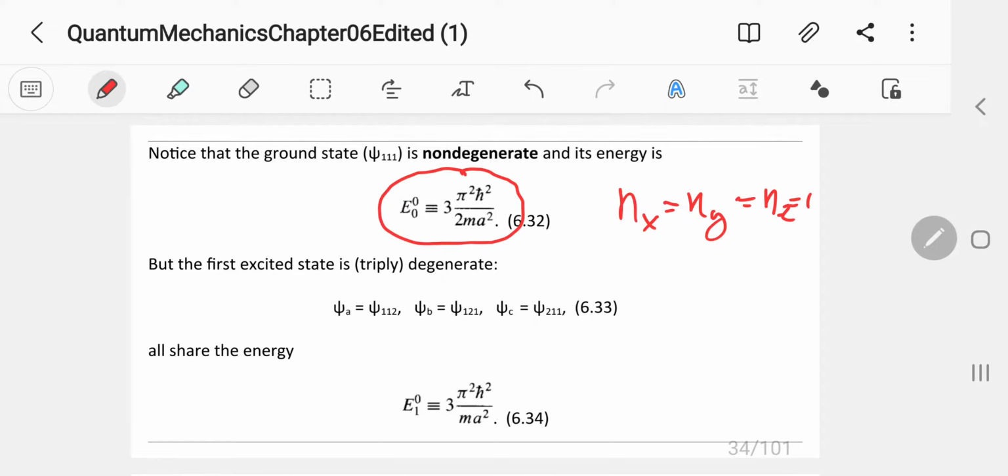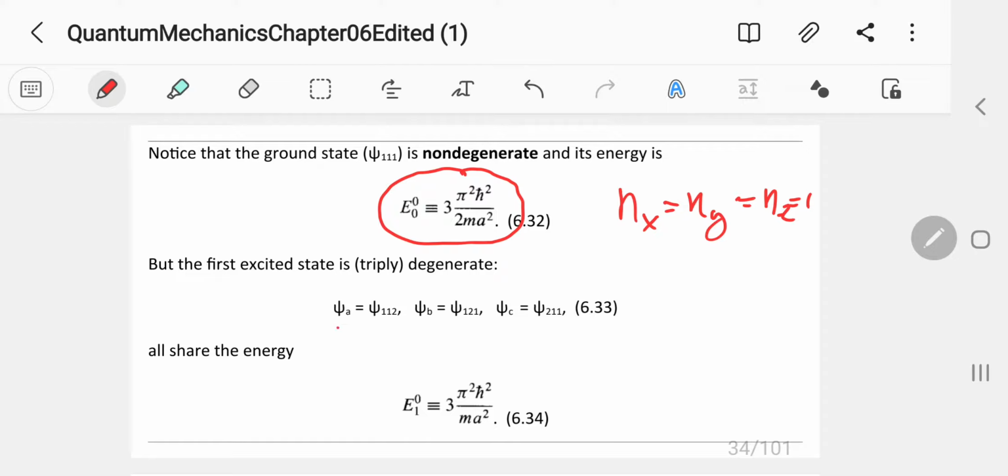This means that only one wave function has that energy, or only one wave function for the ground state. But for the first excited state, you have a triple degenerate energy.